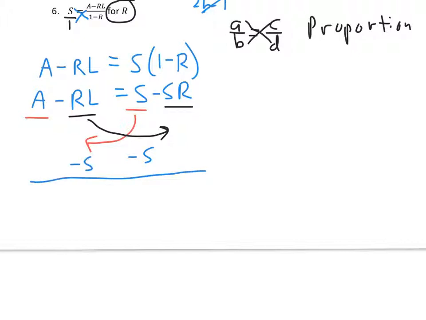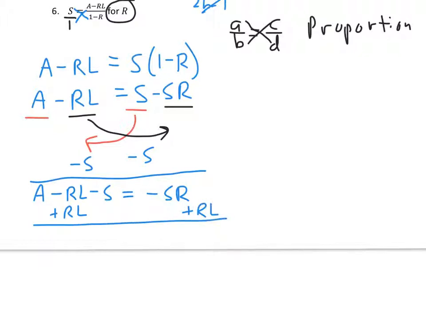I'll do it in 2 steps. That gives us A minus RL minus S equals negative SR. And then we can add RL to both sides. That would give us A minus S equals negative SR plus RL.